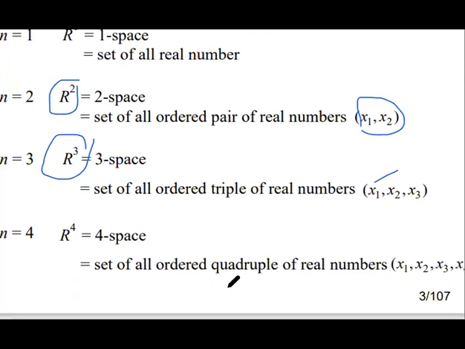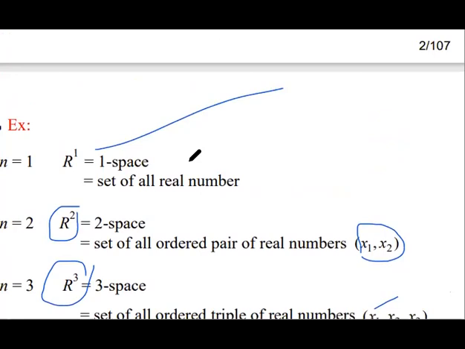If you have Rn, an n-dimensional space, and you consider any element in that space, (x1, x2, ..., xn), we give it a name: this is called an n-tuple. Those names are not important.